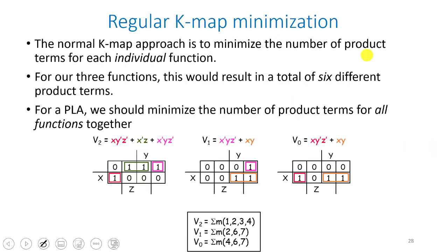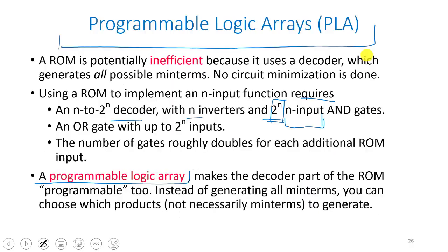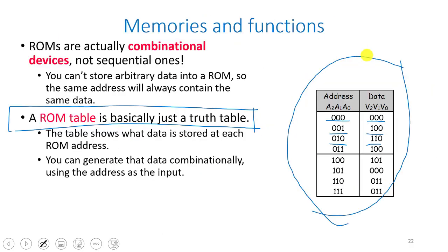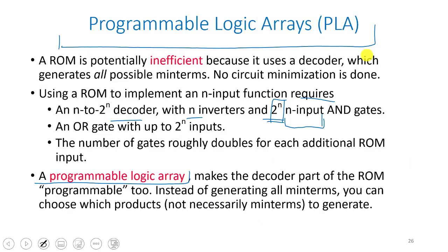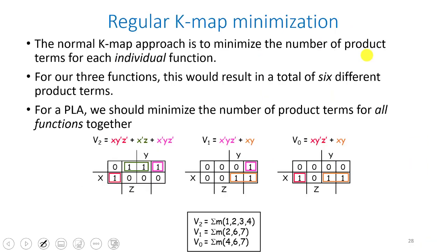So let's go to our example over here. The truth table, which is this truth table, we fit it into a Karnaugh map, as you can see, and we solve the gates. In order to solve these gates, we find the summation. Now remember, we are not solving a normal Karnaugh map, we are solving all together.